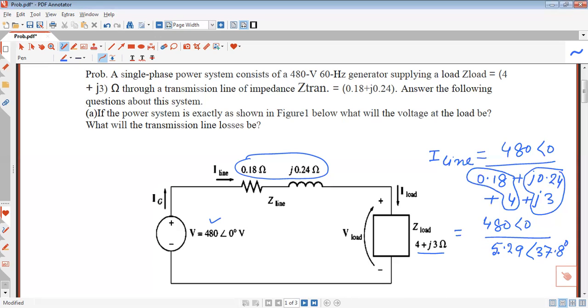After solving this equation, we will get the value 90.8, and this angle goes to the denominator, so it will be negative 37.8 degree. So this is the line current, and this angle is lagging. It means our load is inductive, that is, the load is reactive in nature.